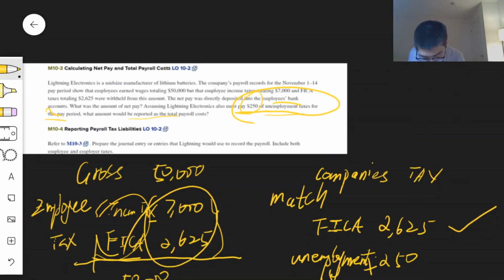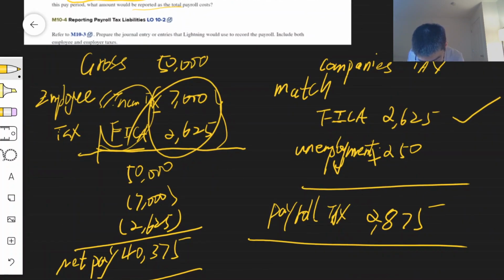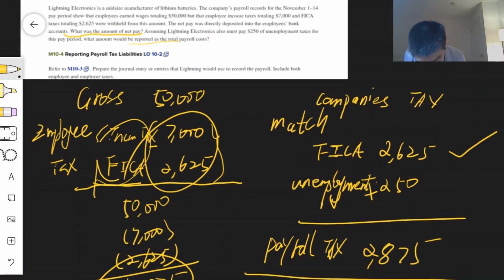But back to this question. How much is the net pay? And the net pay is this, $40,375. And in terms of total payroll cost, if you don't know what cost is, this is payroll expense.